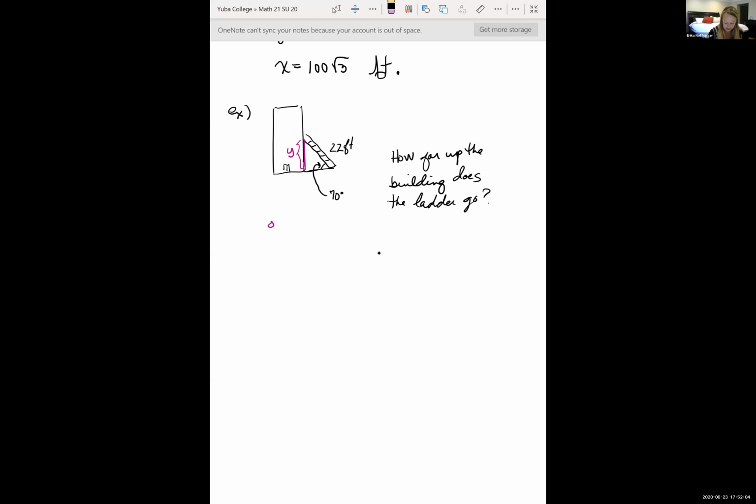So opposite and hypotenuse from the 70-degree angle, which trig function would you use? Sine. So sine is opposite over hypotenuse. So we can say sine of 70 degrees is equal to the opposite, which is y, all over the hypotenuse, which is 22.